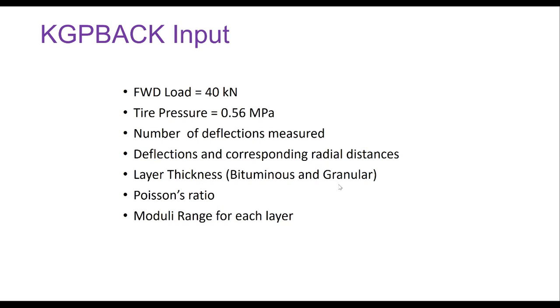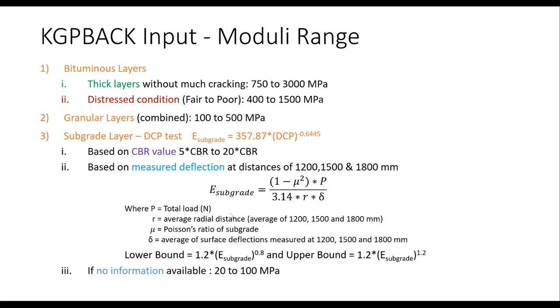For the bituminous layer and granular layer, we take only two, the bituminous layer and granular layer, and then the subgrade. Also the Poisson ratio of each of these layers, and the modulus range for each layer, are to be given as input parameters. For the bituminous layer, IRC suggests that for thick layers without much cracking, the range of elastic modulus can be 750 to 3000 MPa. For distress condition, that is fair to poor, it can be taken as 400 to 1500 MPa. For the granular layer, combined sub-base and base, it can be 100 to 500 MPa.